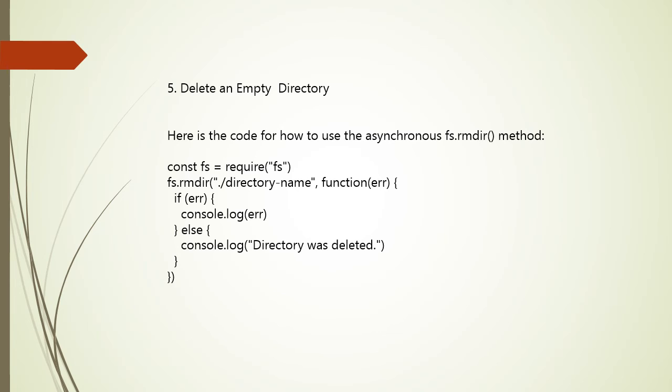Here is the code that will show you how to use the asynchronous fs.rmdir method. const fs = require('fs'); fs.rmdir('./directoryname', function(error) { if (error) console.log(error); else console.log('directory was deleted'); }). The fs.rmdir function takes a path to the directory you want to remove and a callback function that will return an error if it encounters one.